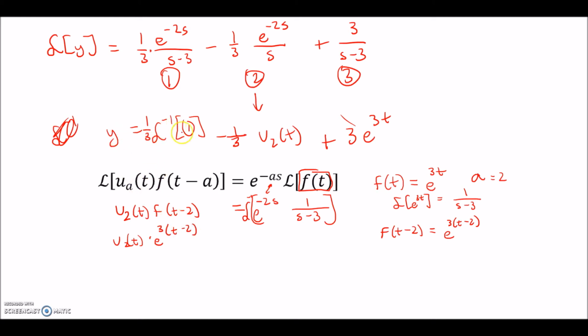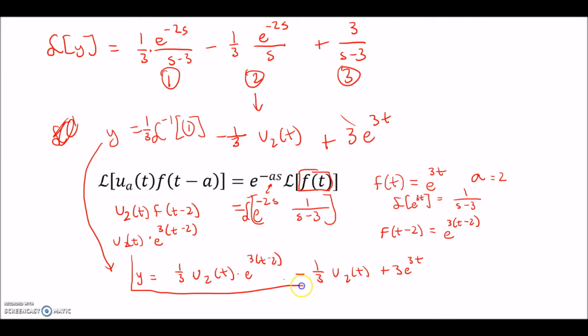I know the inverse of 1, and so my final answer is y equals 1/3 times u sub 2 of t times e to the 3 quantity t minus 2, minus 1/3 u sub 2 of t, plus 3e to the 3t. That's my final answer right there.